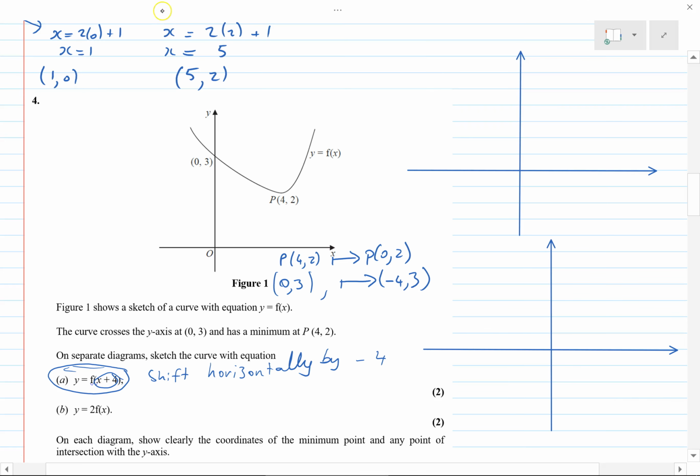Okay, so if I were to draw this diagram here, that's going to be moved to the left there. But we need it on a separate diagram.